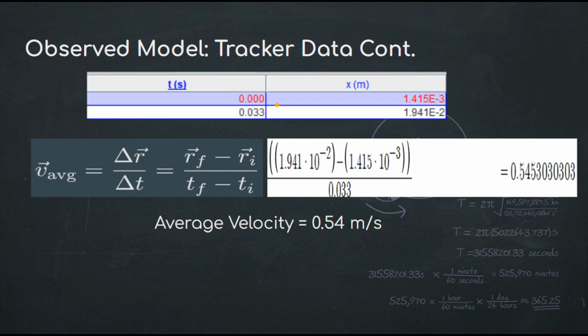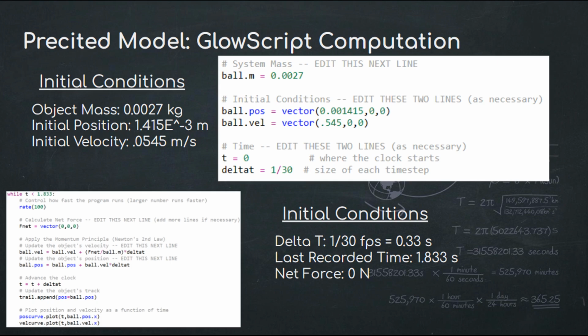Starting to collect some of the data that we'll need to input into our GlowScript computational code, I started by calculating the average velocity. I did that by taking the first 2 points of time and position and simply subbing them in for r and t in the average velocity equation you see below. This yielded an average velocity of 0.54 meters per second. Moving over to our predicted position model, I started by inputting my initial conditions.